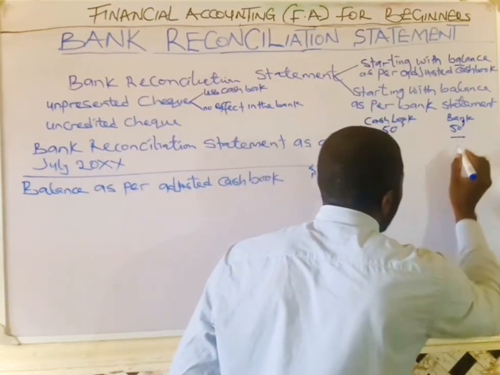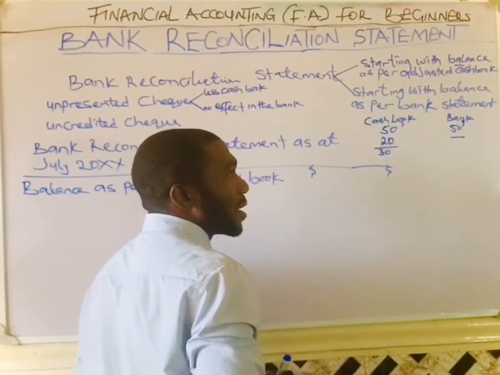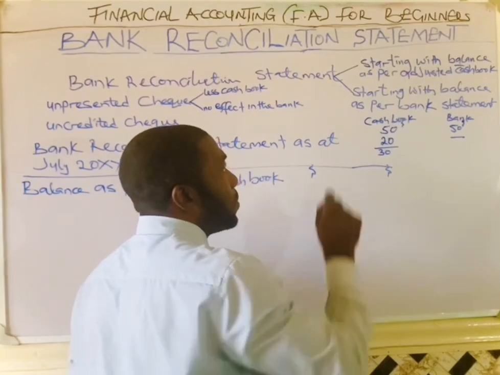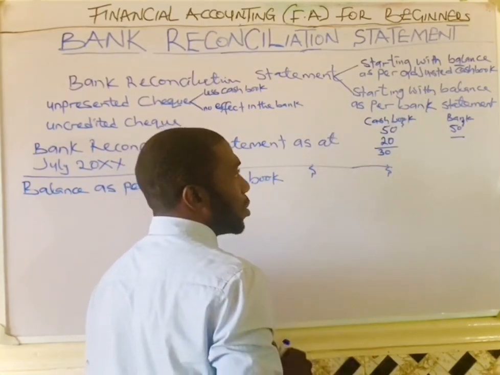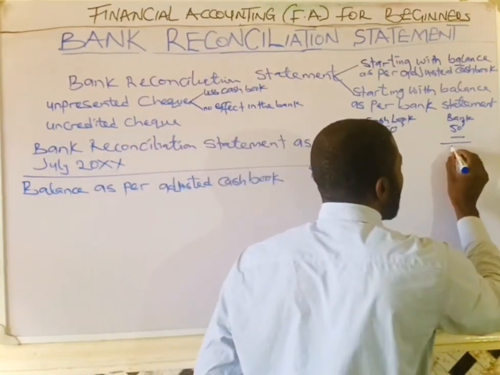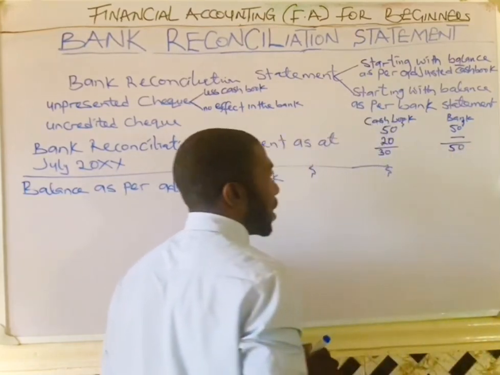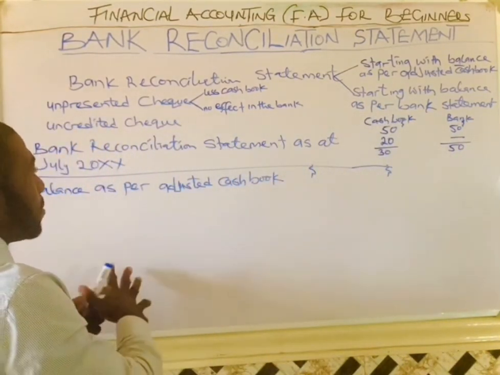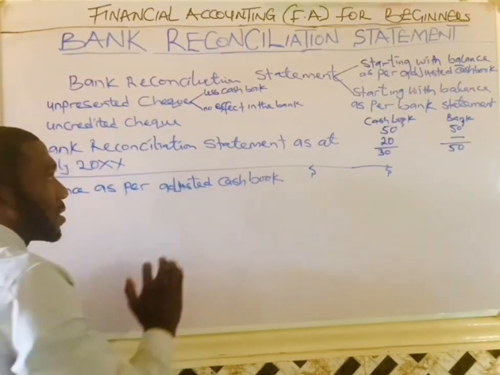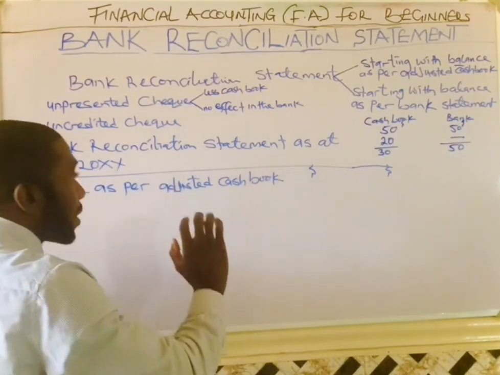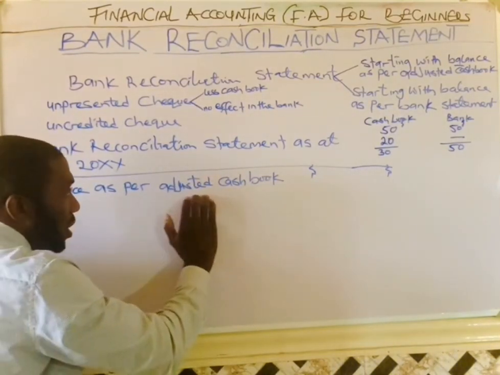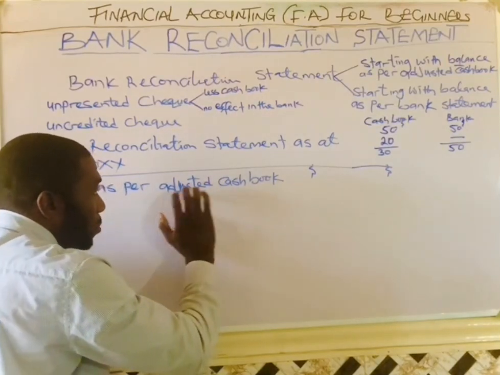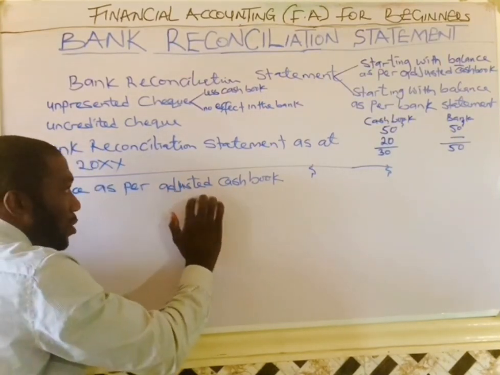It has no effect on the bank account balance while preparing the bank statement, so our bank account is still $50. Since this reconciliation is by the cash book balance, we have the right to touch the cash book balance. We are doing the reconciliation using the cash book balance.